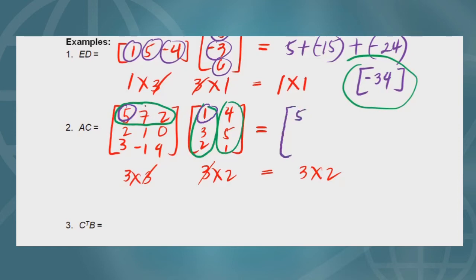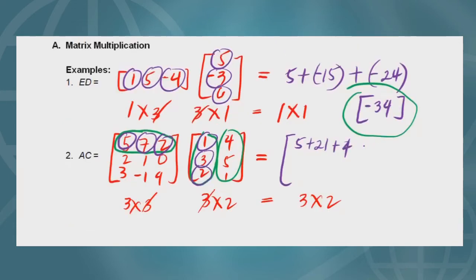Then 7 times 3 is 21. Then 2 times 2 is 4. After that, multiply the first row to the second column of the second matrix. So, 5 times 4 is 20, plus 7 times 5 is 35, plus 2 times 1 is 2.